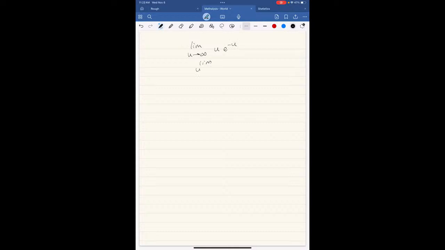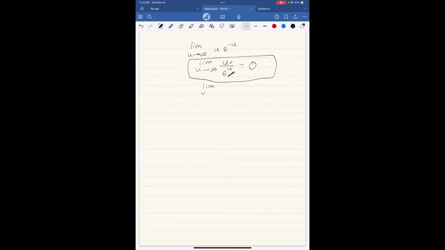Since e to the power u grows way faster than u, at infinity e to the power u will be much bigger, due to which this goes to 0, right? So you can use that idea, or you can also use L'Hopital's rule.